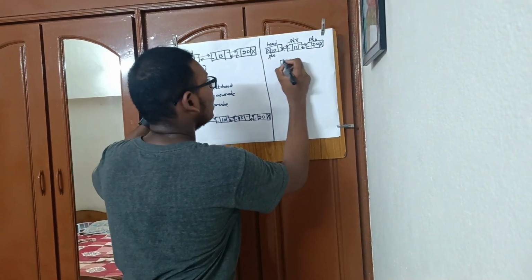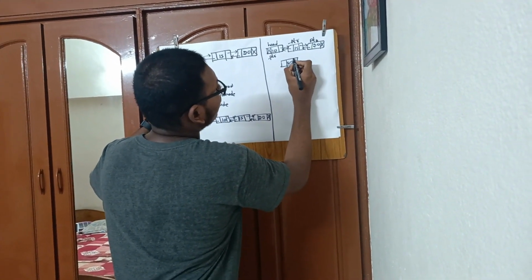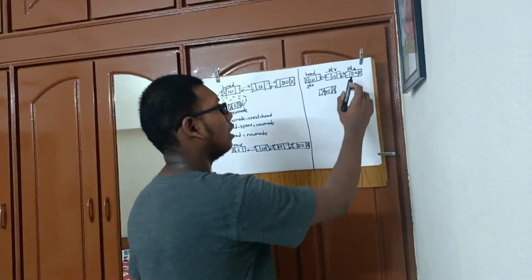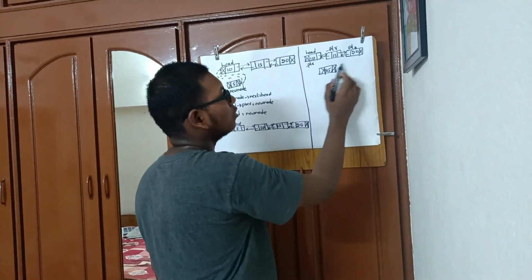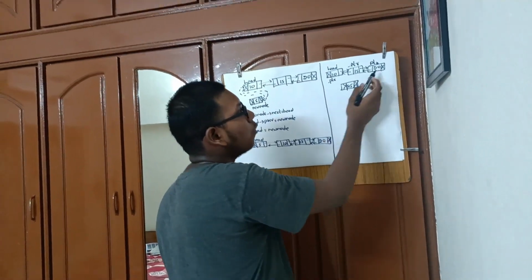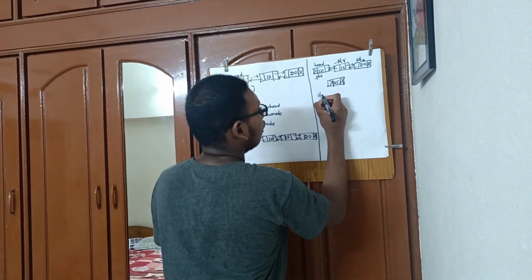Now we take another new node with data equals to 25. Here the next part of ptr has to point to the new node and the new node's previous has to point to ptr. So we are updating those values as follows.